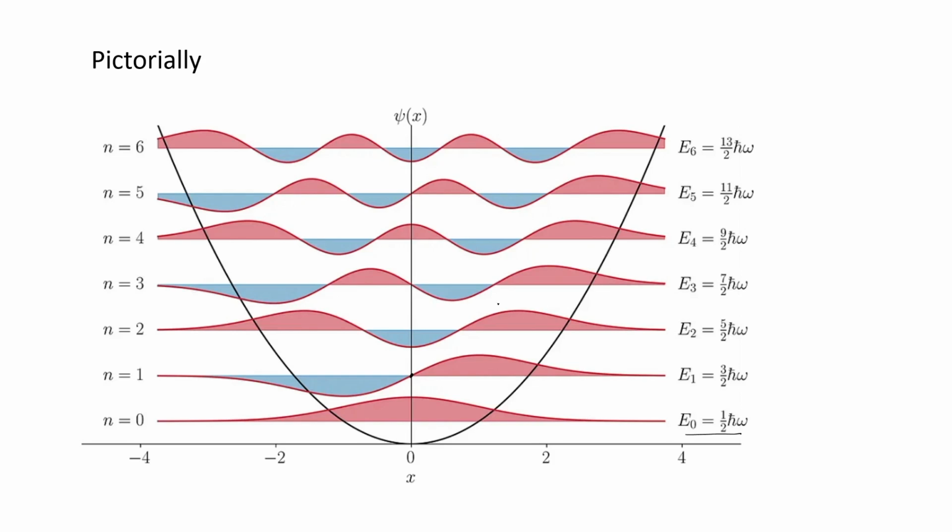Then there are 3 nodes, 4 nodes, and so on. So, n is called a quantum number because that precisely distinguishes different states, including the ground state, the first excited state and the second excited state.